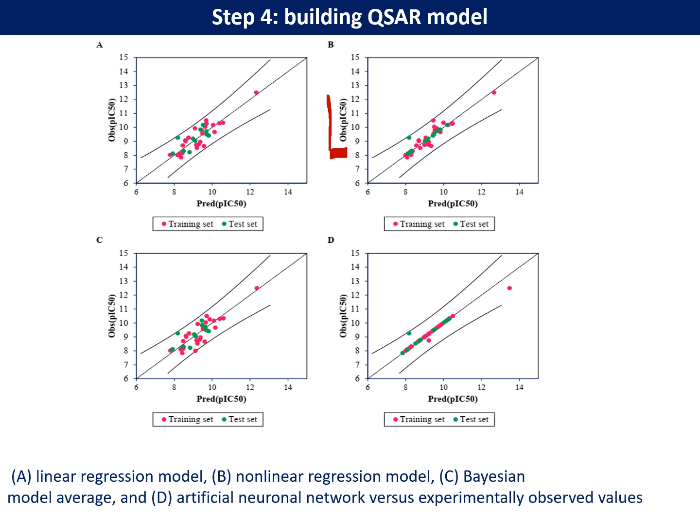And you can see we have a strong correlation between the observed and predicted IC50. But compared with the other models, the ANN model, the artificial neural network model here, performs superior to the others. So the ANN model is the best one for performing the QSAR model.